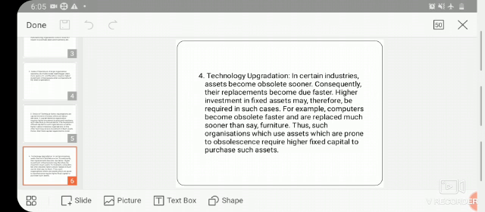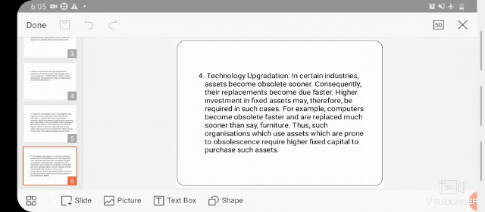That is what diversification is about. So diversification of production is another important factor affecting fixed capital requirement. An organization which chooses to diversify its production, no doubt requires more fixed capital.